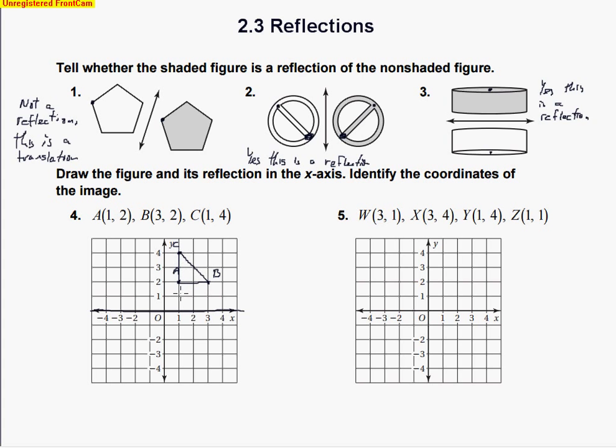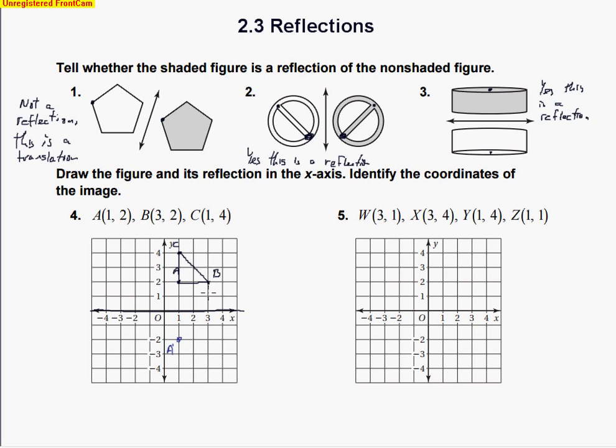There's a triangle. Now reflecting it means counting the spaces from that line of reflection and going opposite of that line of reflection on the other side, that same number of spaces. So point A here is 2 spaces from that line of reflection. So I'm going to go 2 spaces on the other side. So if you count the spaces, 1, 2 to the line of reflection, 1, 2 to the other point. And so I'm going to call that A prime.